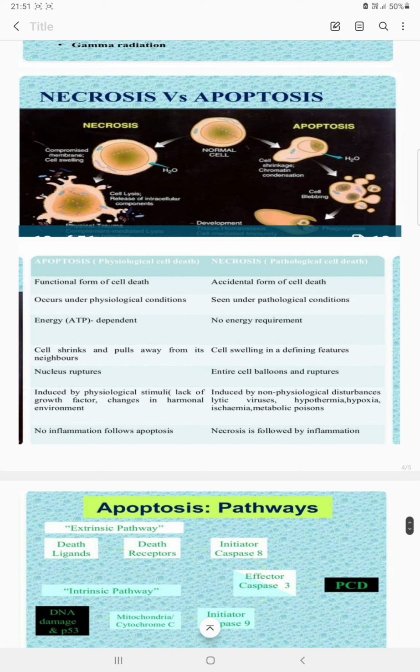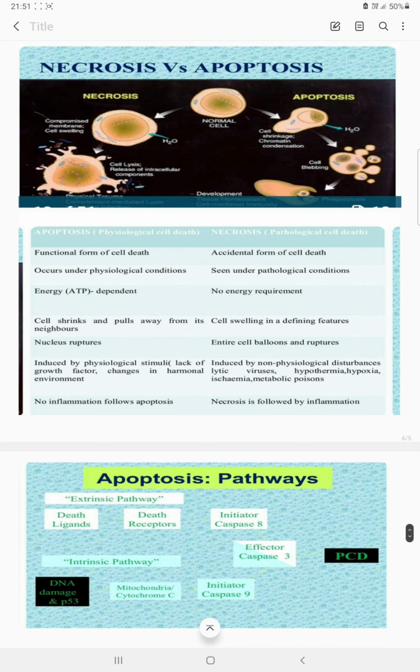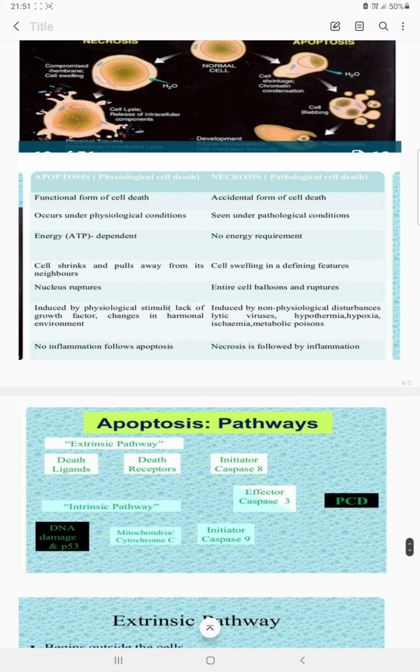Here you can see on one side necrosis and on the other apoptosis. In this segment we are going to read about the difference between apoptosis and necrosis, so that you have a crystal clear image in your mind of what necrosis and apoptosis are.